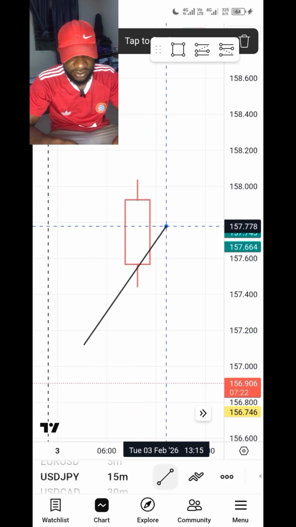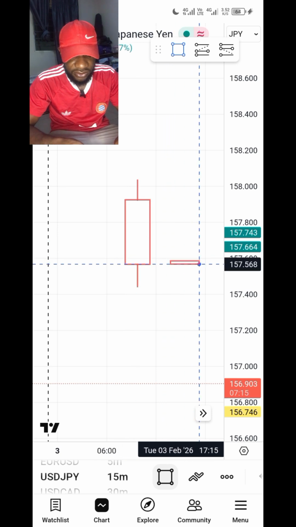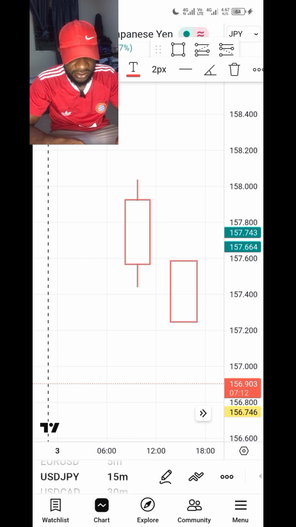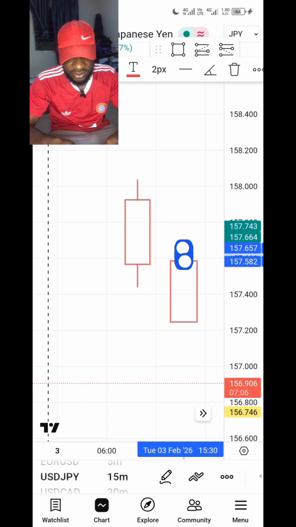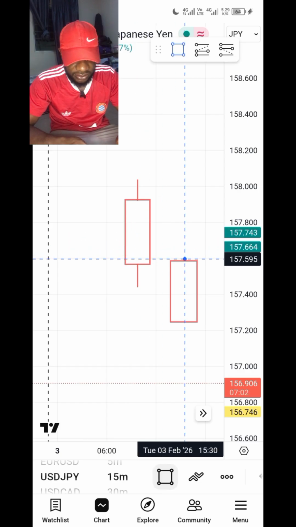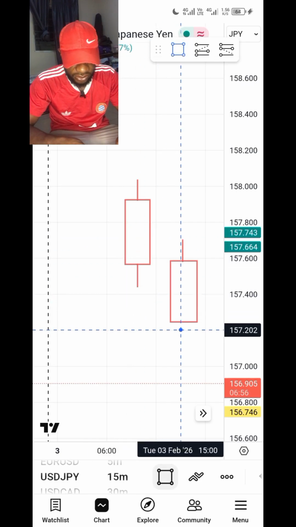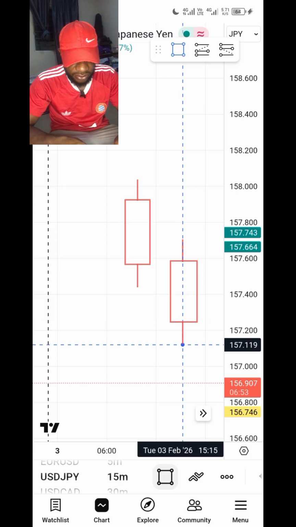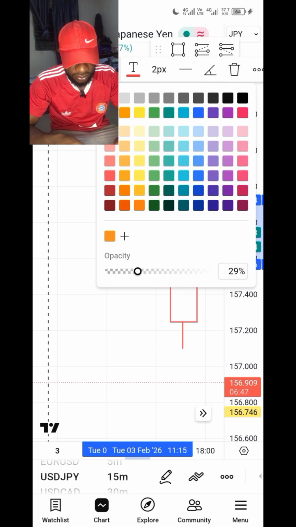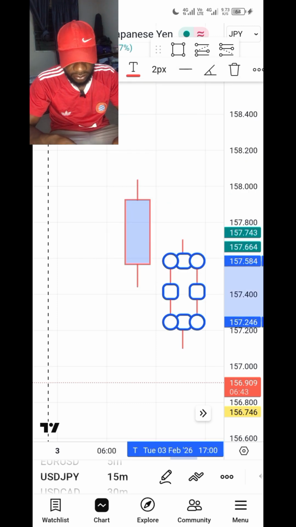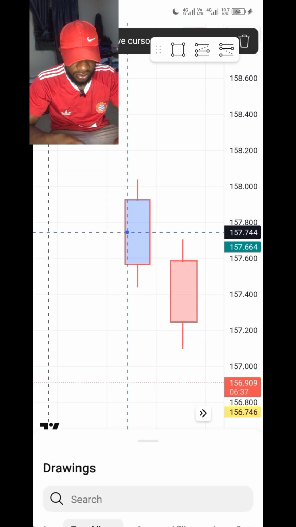But if a candle decides to open here and close beneath, like this, at a low, that is a bearish candle.